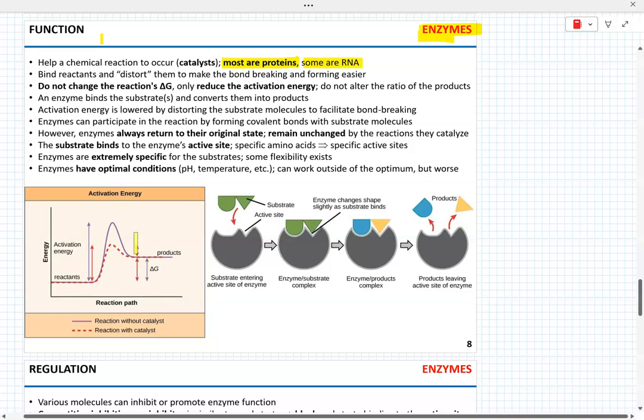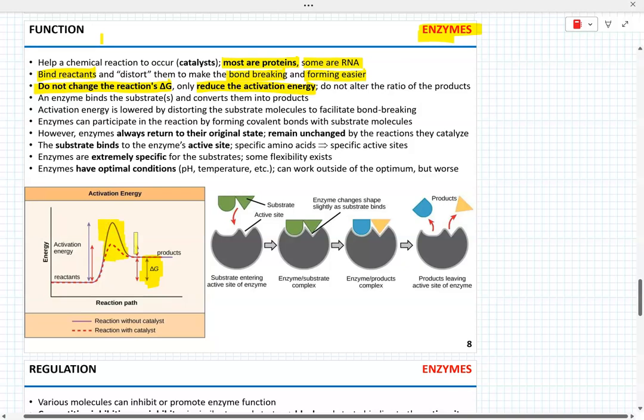Essentially, enzymes bind the reactants, the substrate, and facilitate the breaking and formation of bonds to make a product. It is very important to understand that they do not change the Gibbs free energy change of the reaction, the delta G. The only thing that enzymes do is reduce the activation energy.